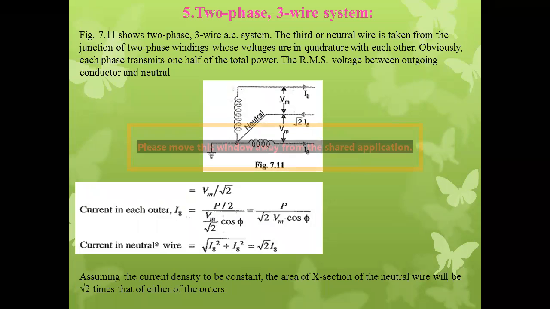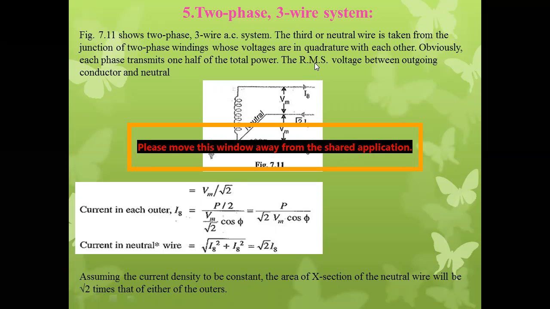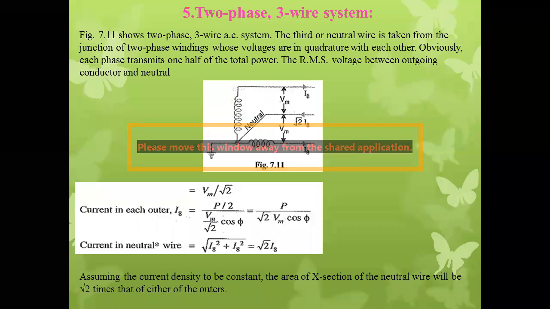This is the required expression for the current flowing through the individual phase. If simplified, we get P by root 2 Vm cos phi. Remember these formulas, very important while solving numericals.